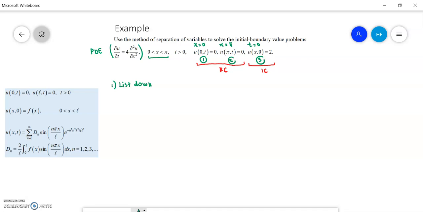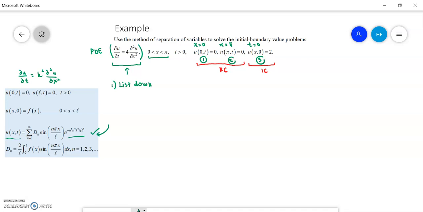In the previous slide I showed you that the solution of the PDE was already obtained in this form, where in order to get this we have to use the method of separation of variables from del u over del t equals k squared del squared u over del x squared. So we don't need to do the method of separation for this PDE. We just have to substitute into this solution.